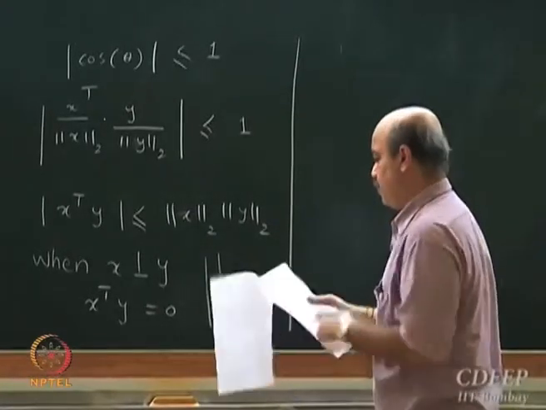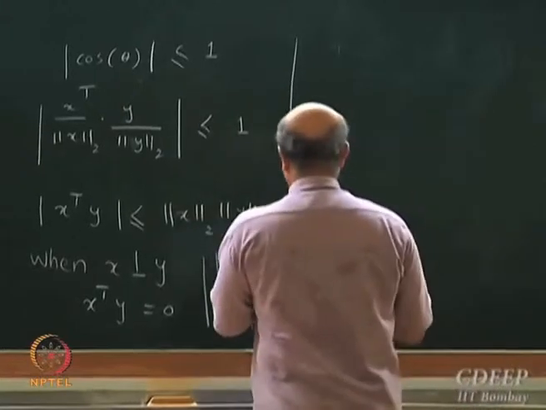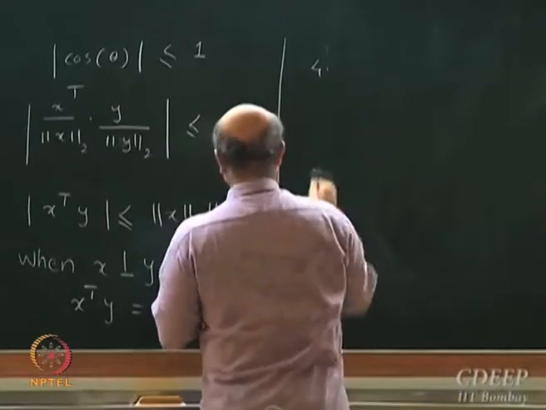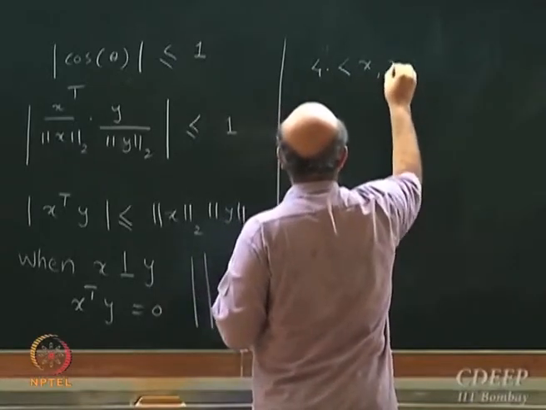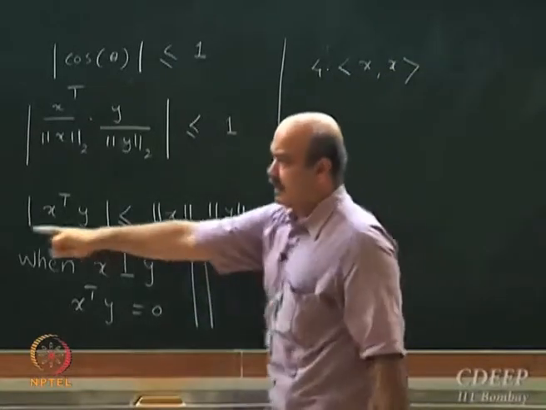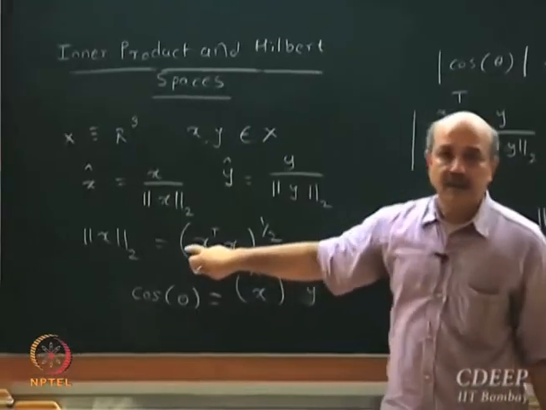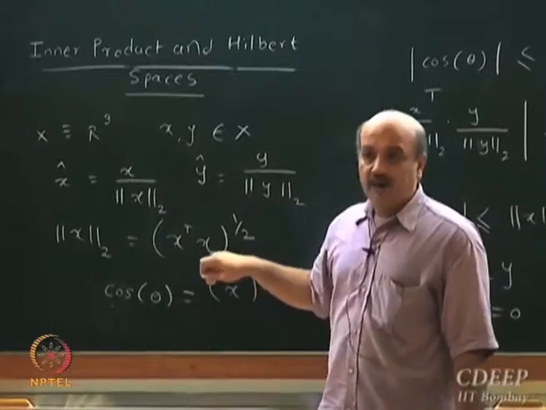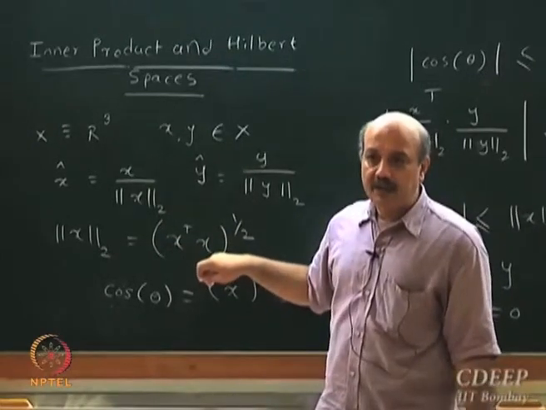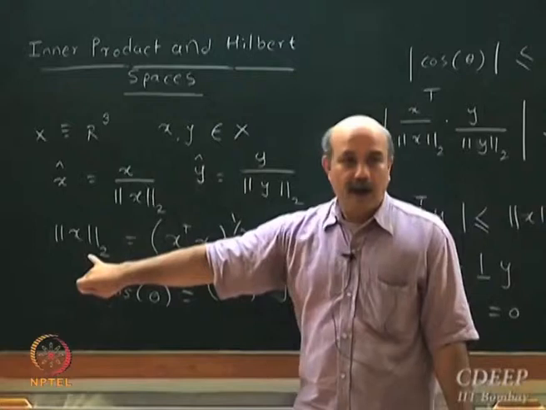What is the last axiom? The fourth axiom is about the inner product of a vector x with itself. Let's look at this property. If I take the inner product of a vector x with itself, what do I get? I get the 2 norm.